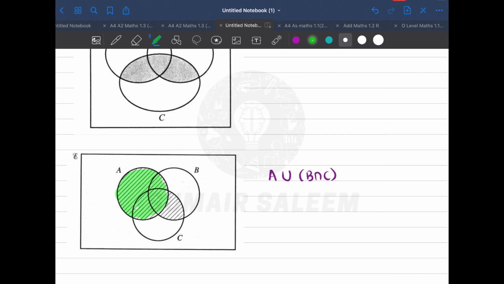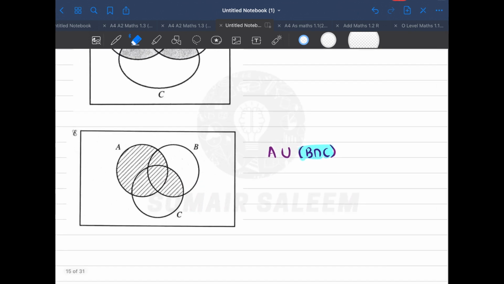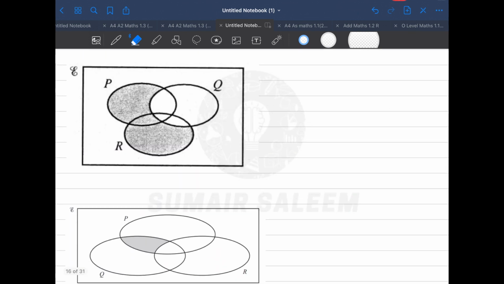And here it's union. In union, what's written after union? B intersection C, which means this part. So if your shaded area and the shaded area given in the question are both the same, that means you have answered correctly. Got this, guys? Let's practice more.